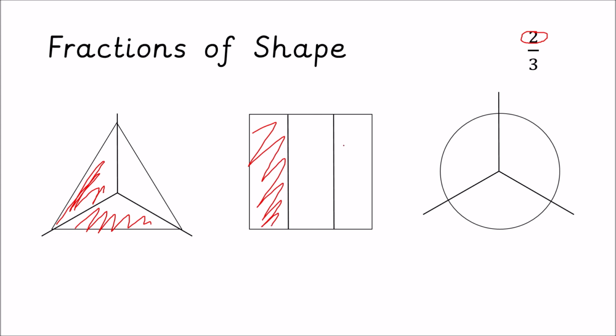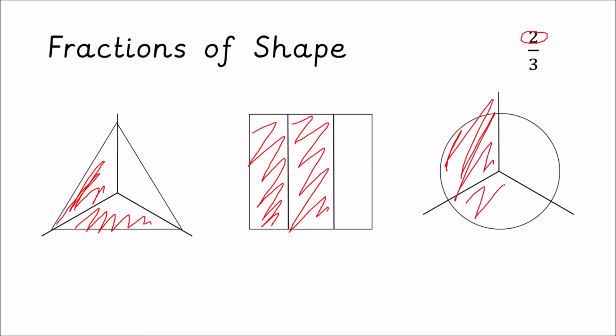I can shade this one. It doesn't matter which ones I shade. I could shade this one over at the edge as well, but I'm just going to go next to it here. 2/3 of my rectangle there, and 2/3 of my circle. Nice and simple, very straightforward.